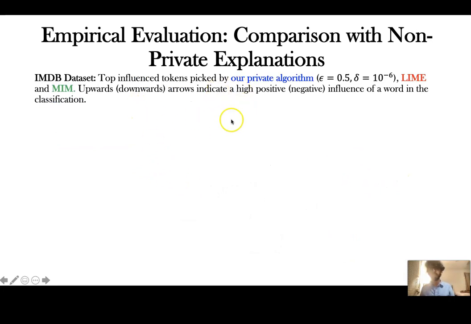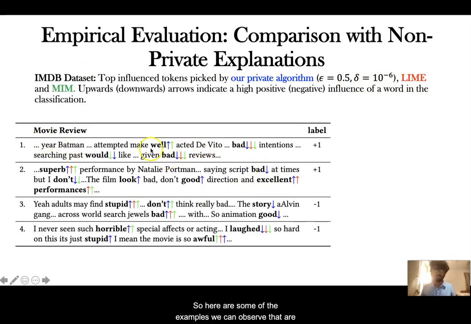First, we evaluate our explanations and compare them with existing non-private explanations. We pick the top influential tokens in the decision making by our differentially private algorithm, LIME and MIM. Here are some examples. We can observe that our explanation agrees with LIME and MIM, which generate explanations without any privacy.